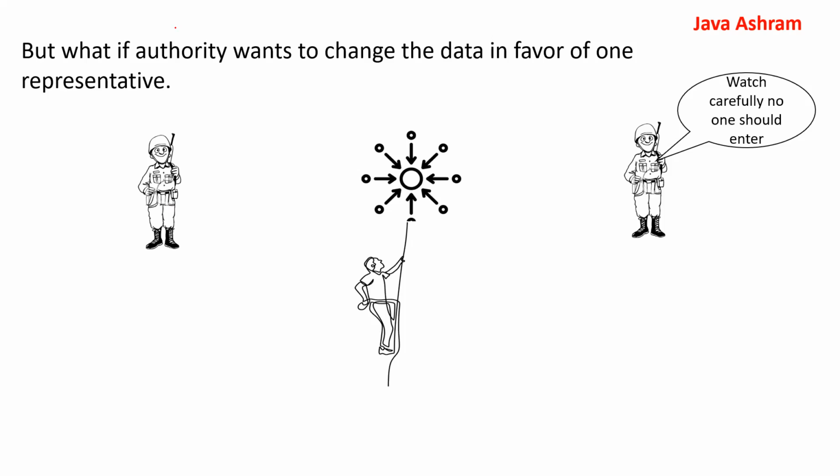But what if the authority wants to change the data in favor of one of the representatives? Let's say the government has outsourced maintaining this data to a third party. The third party can favor one of the representatives and intentionally change the data, the voting percentage or the votes cast, as per their wish, right?